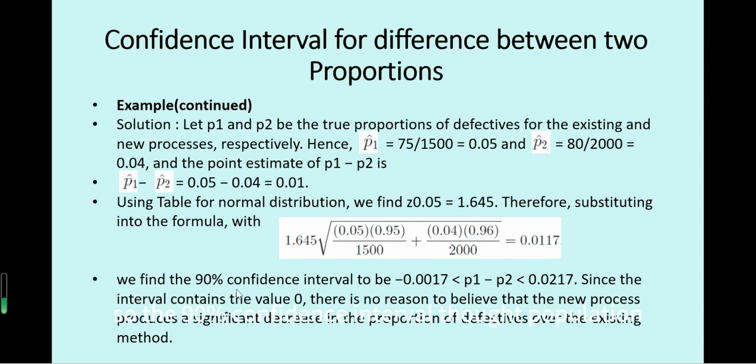So the 90% confidence interval for the population proportion difference is between minus 0.0017 and 0.0217. Since this interval contains the value 0, there is no reason to believe that the new process produces a significant decrease in the proportion of defectives over the existing method.